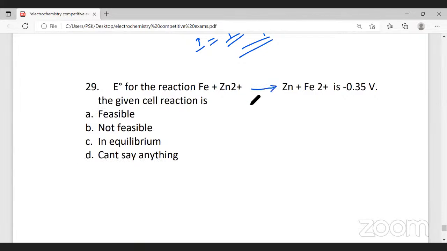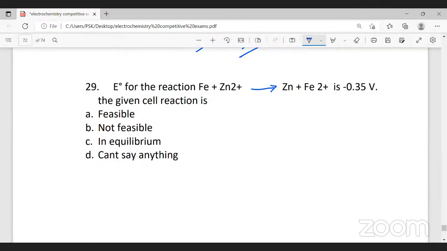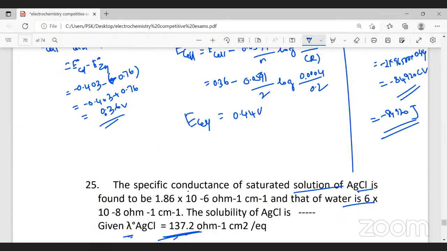Now, E naught for the reaction Fe plus Zn2+ giving Zn plus Fe2+ is minus 0.35 volt. The given cell reaction is feasible, not feasible, in equilibrium, or can't say anything? We learned similar questions.